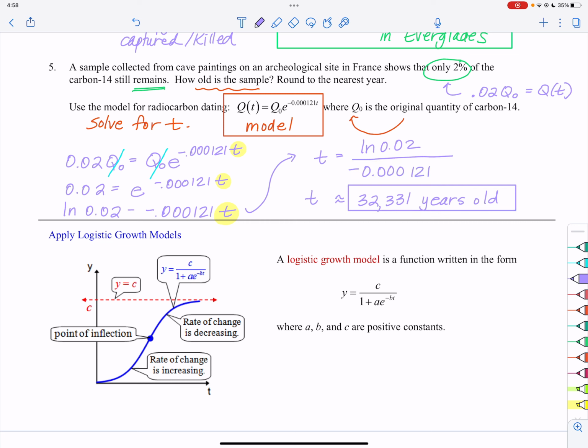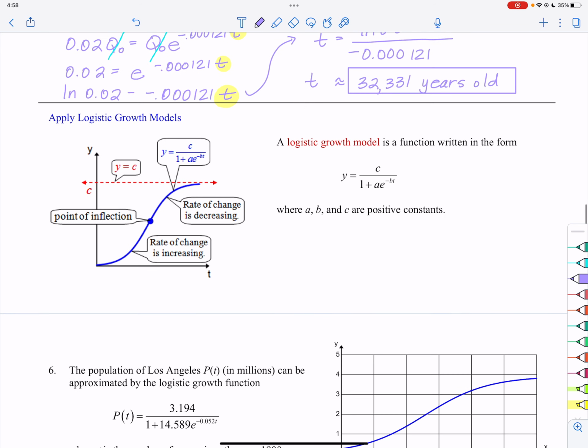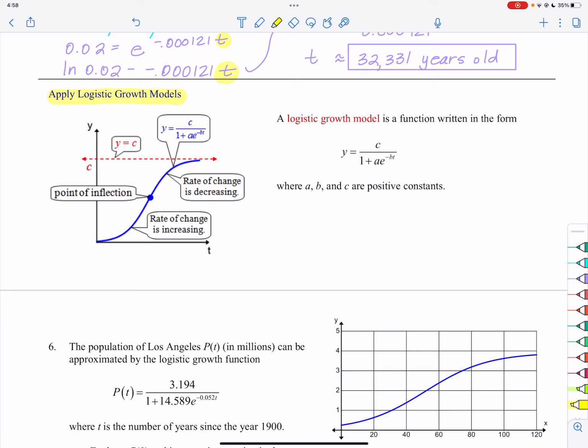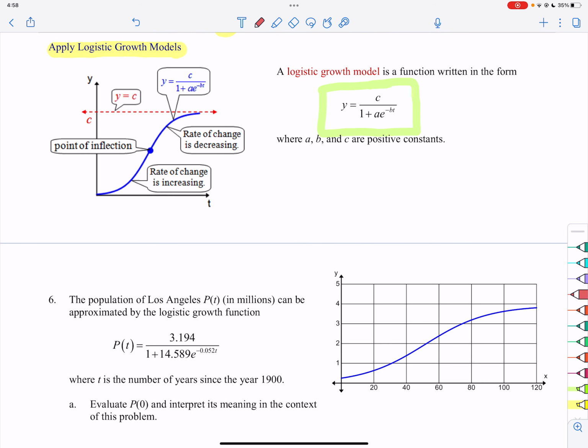Now let's take a look at logistic growth. This is when we include some logic, okay? There are some very important points about using a logistic growth model, but basically it takes into account limited resources, carrying capacities, and such.